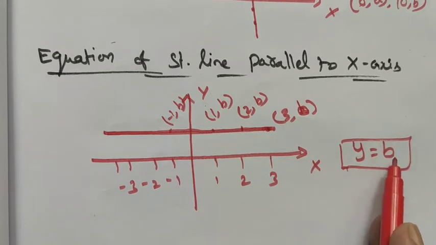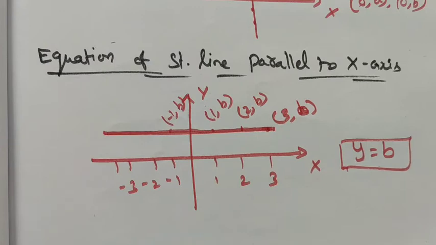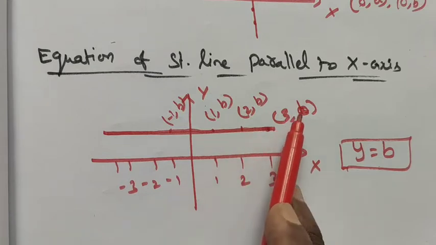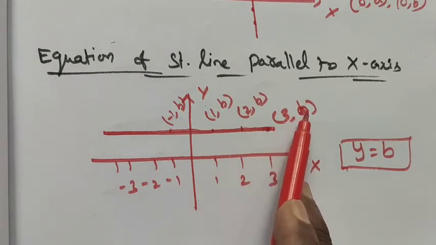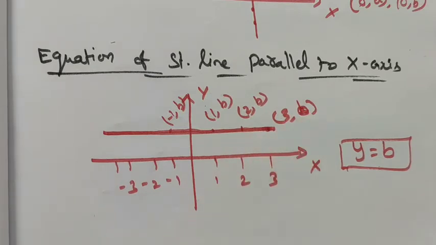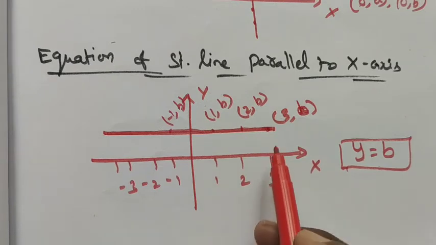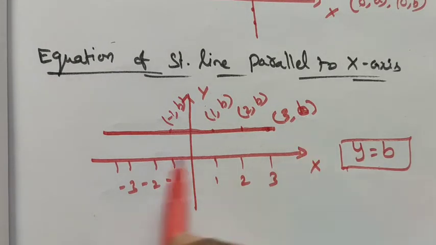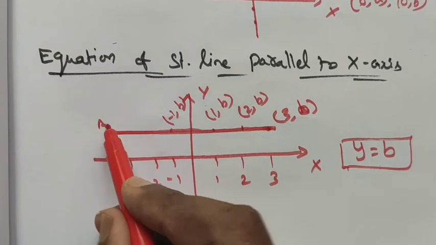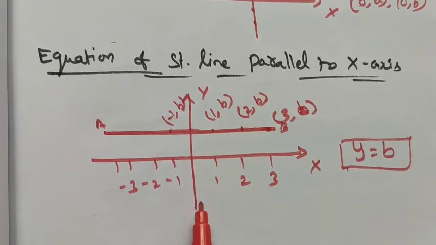Here b is the same value in all the points. The x value must be different, 3, 2, 1, minus 1, 2 or whatever, but on the y-axis it is always y is equal to b. Here we take the straight line as AB.